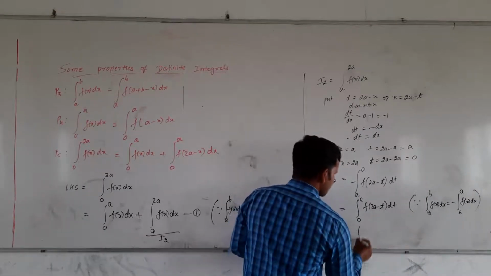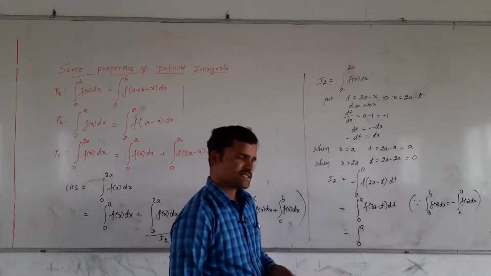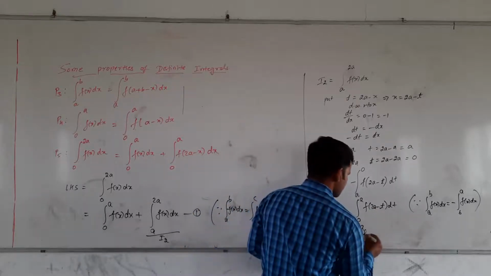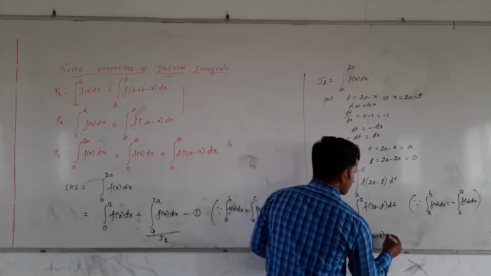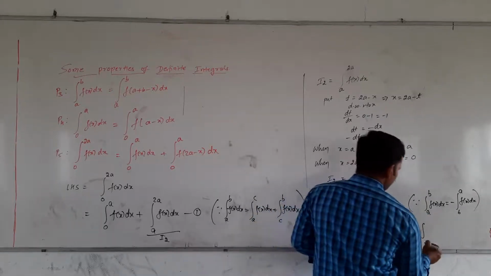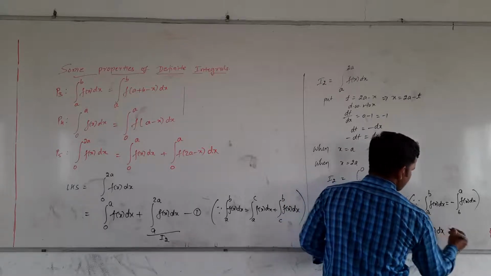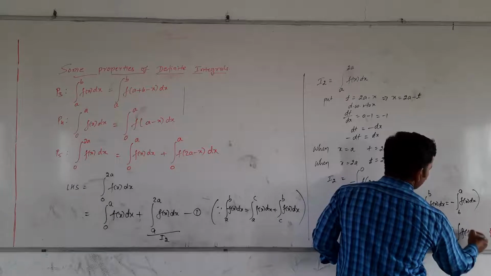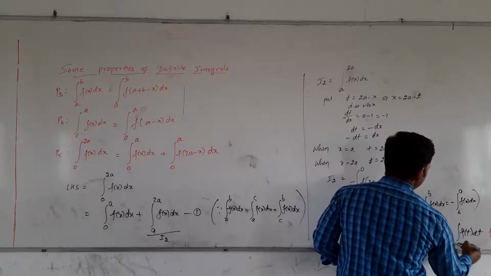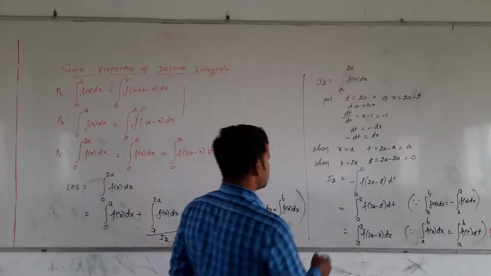Next, integrating from 0 to a, in place of t we want x, so directly we change it to f of 2a minus x into dx, because the integration of f of x with respect to x from a to b is equal to the integration of f of t dt from a to b. Now this is I2.